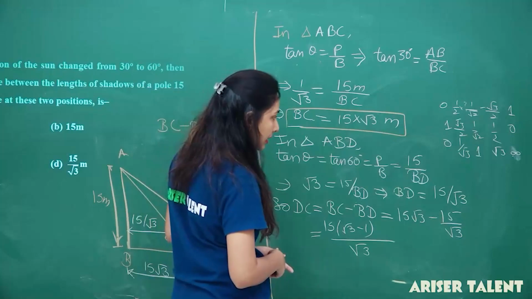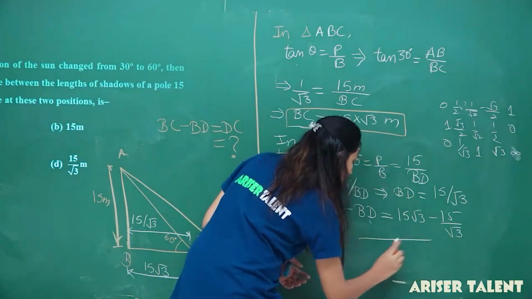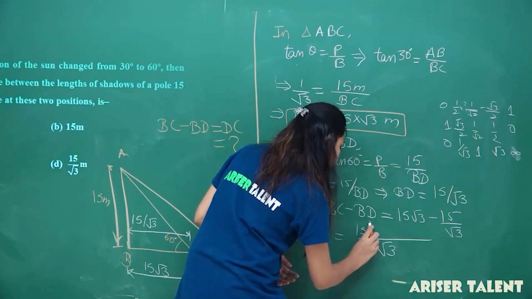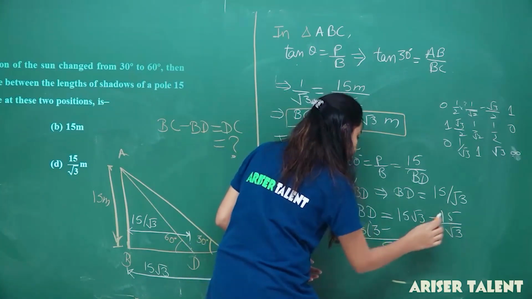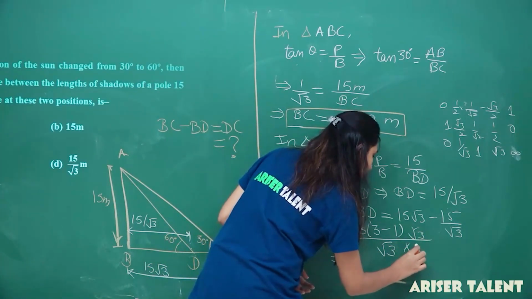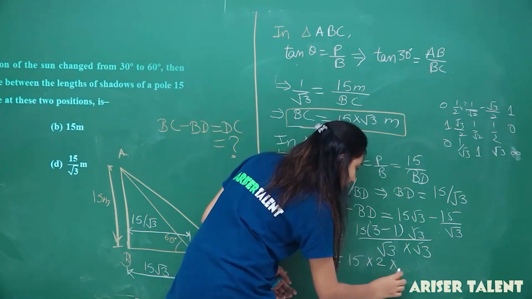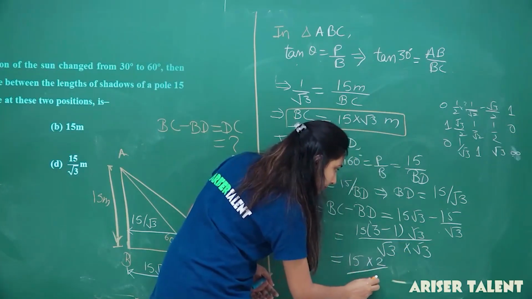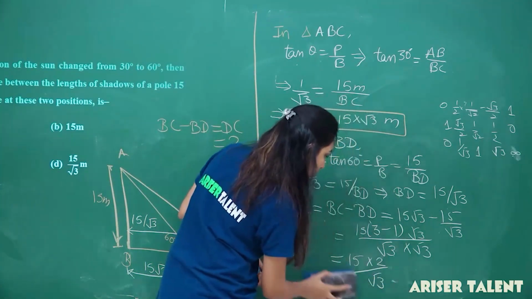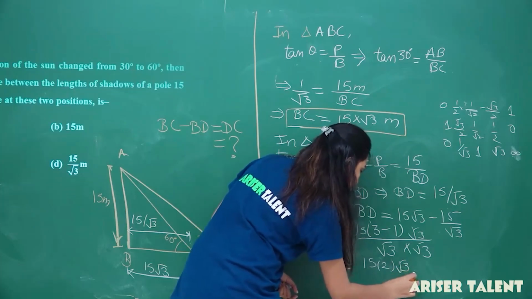Doing it again, 15√3 becomes 15 times 3 over √3, minus 1 times 1 over √3, so multiplying and dividing by root 3 we get 15 multiplied by 2 multiplied by root 3, divided by 3.